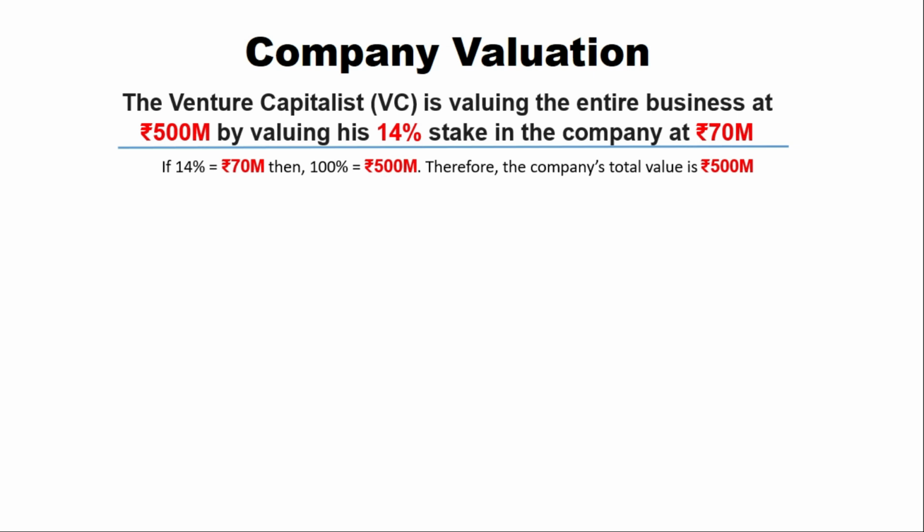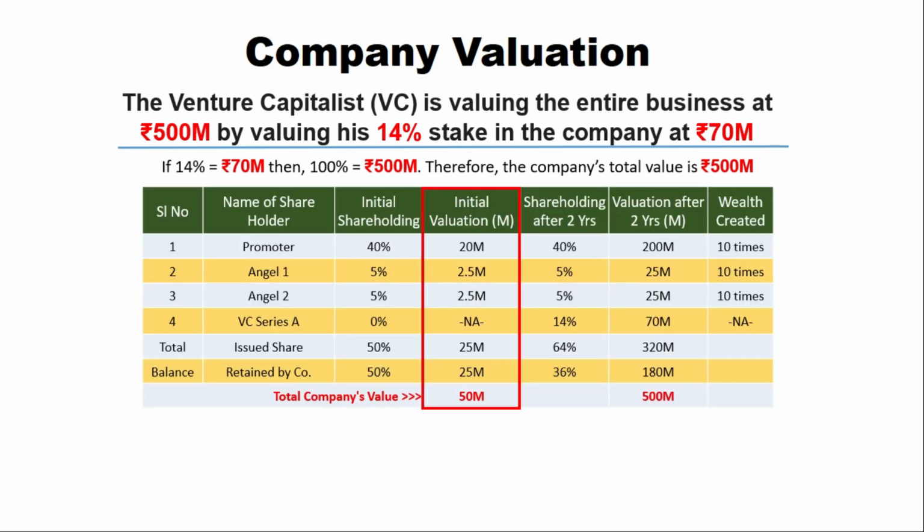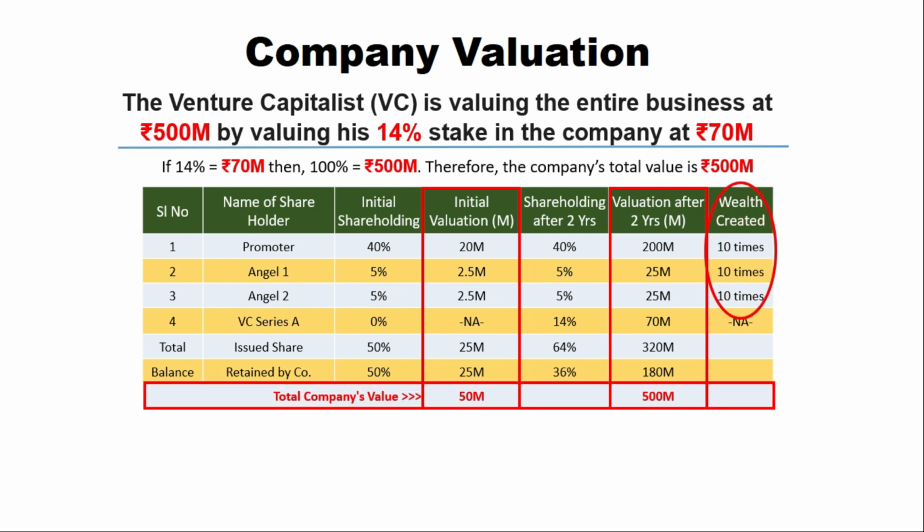With the valuations going up, the investments made by the initial investors will have an impact. The shareholding and valuation look something like this. See the difference between initial valuation and valuation after 2 years. The wealth creation is 10 times in just 2 years.